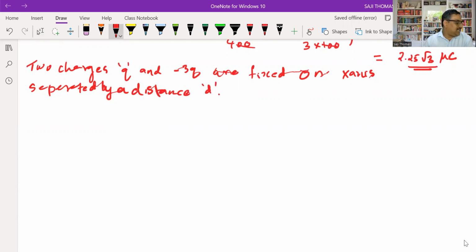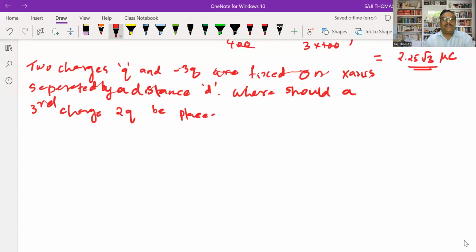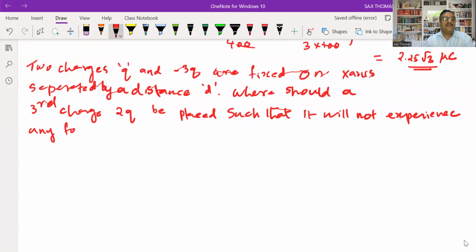Where should a third charge 2Q be placed such that it will not experience any force? It will not experience any force. Okay.